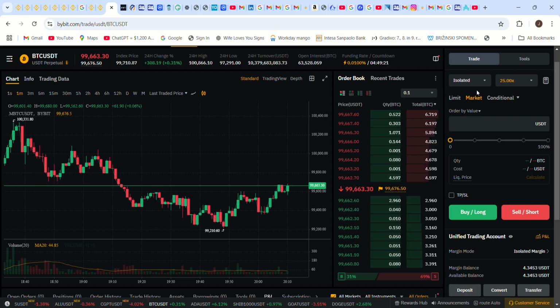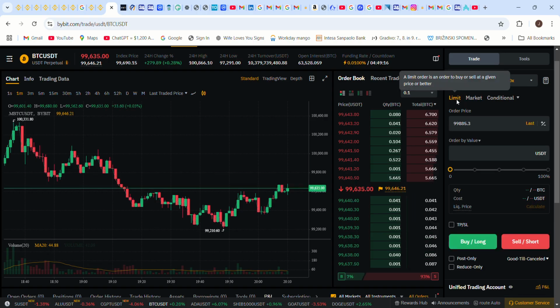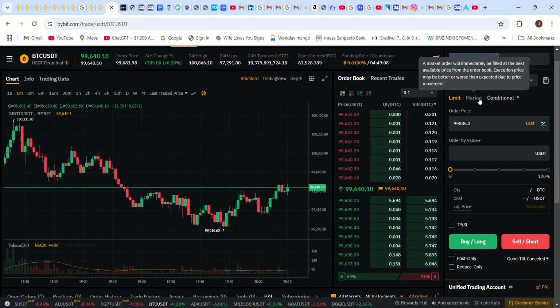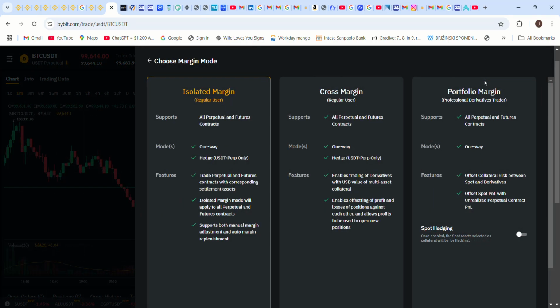Okay, so here there are two possibilities. You can put on limit. That means that you state the price at which you will enter this bid. And market means that you will enter immediately at the market price. What is important is this sign, isolated. What does it mean?